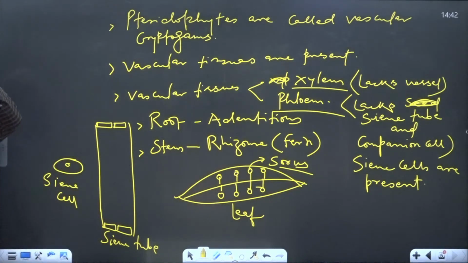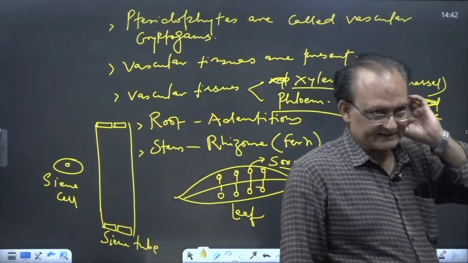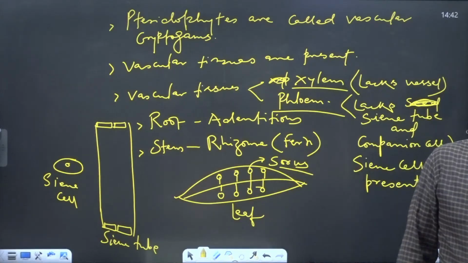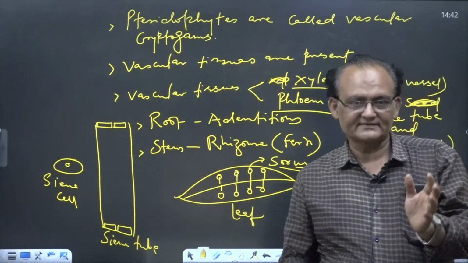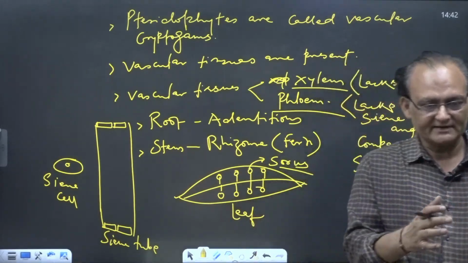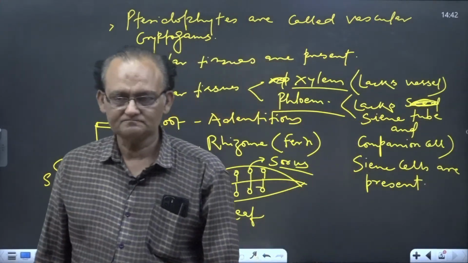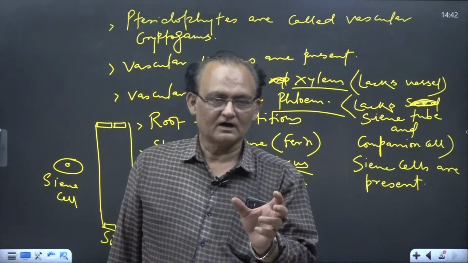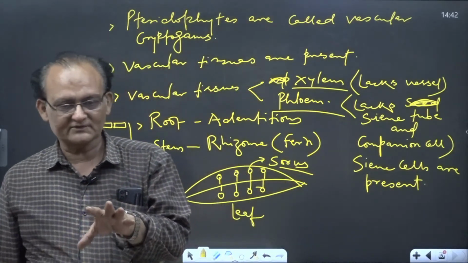Okay, so we discussed about root, stem, leaf, vascular tissue, then about the sporophyll, leaf bearing sporangium, right? And then we discussed microphyllous leaf and macrophyllous leaf, right? Then we also discussed about the homosporous condition and heterosporous condition.